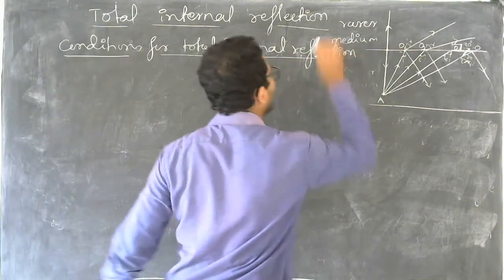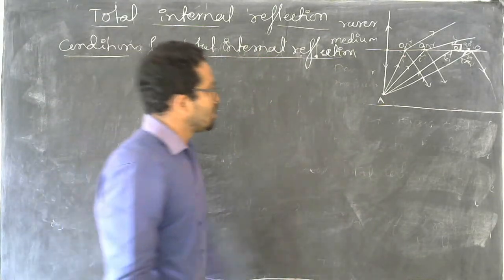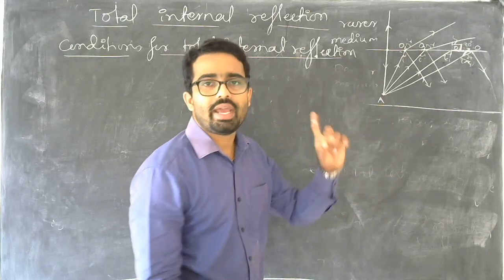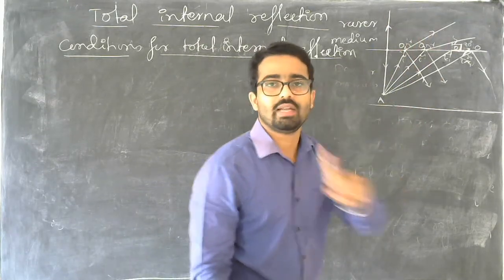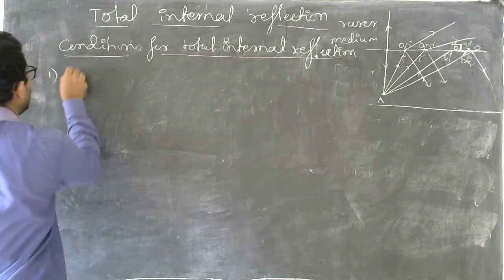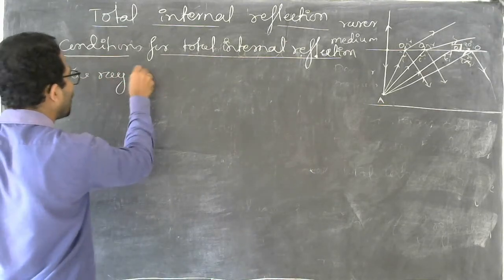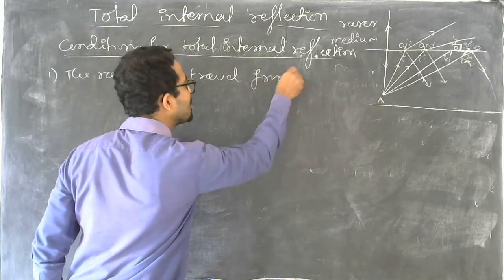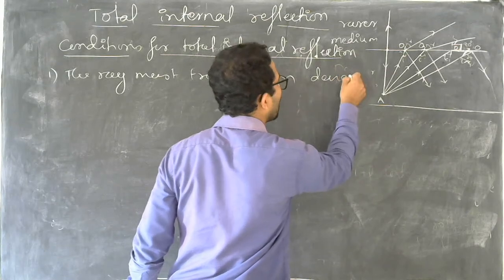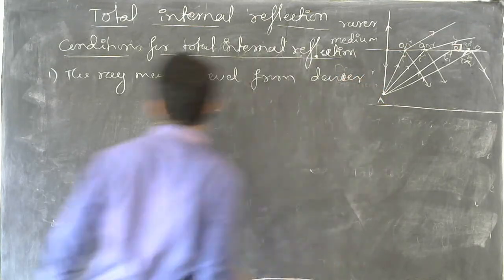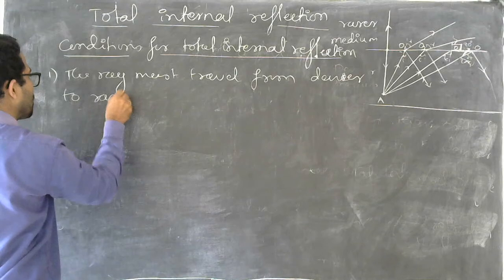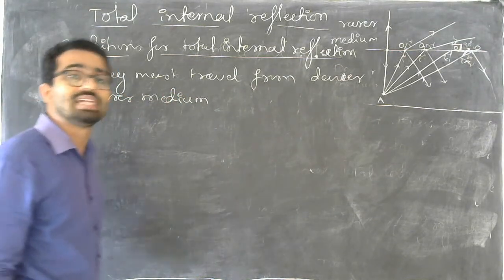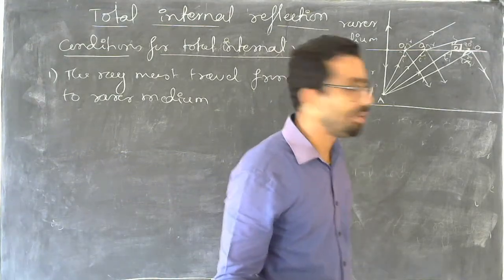In the beginning I told you, to undergo total internal reflection, the ray has to pass from the denser side to the rarer side. That is the first condition: the ray must travel from denser to rarer.